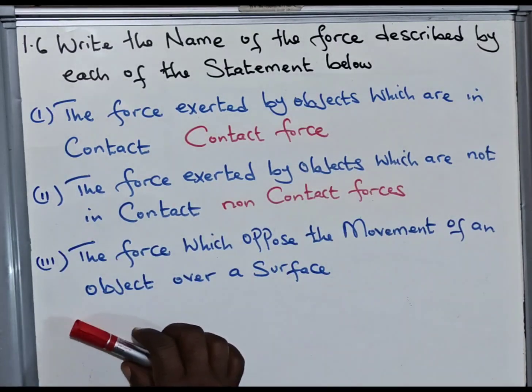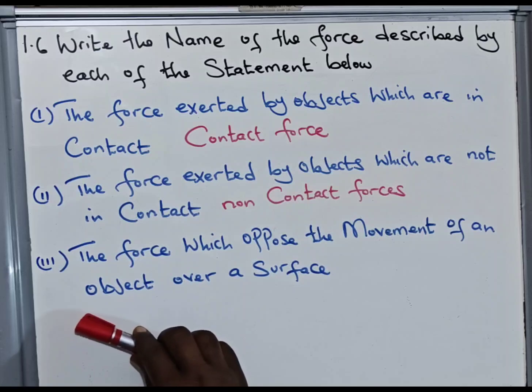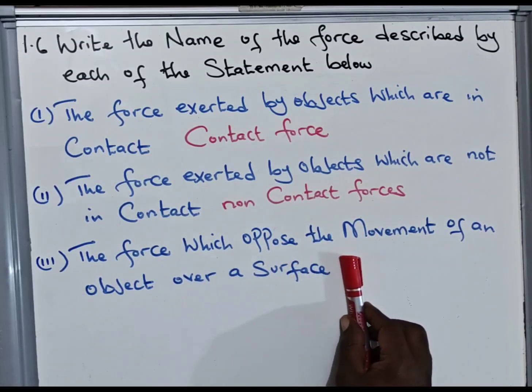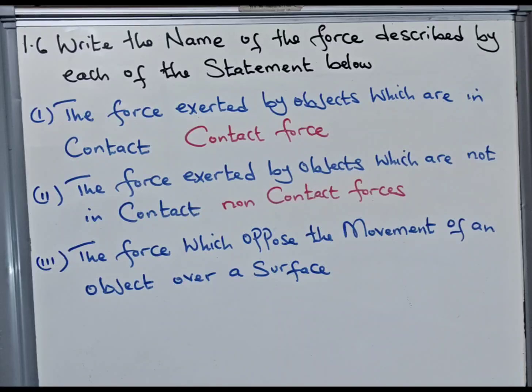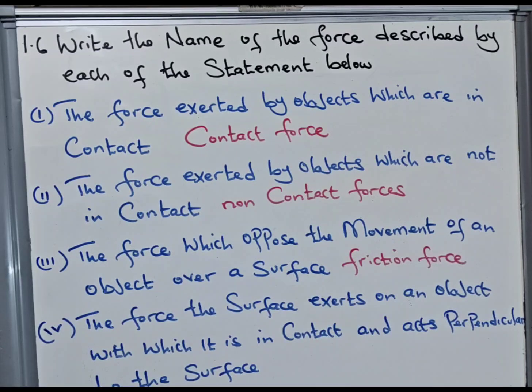Then we come to this one. It says the force which opposes the movement of an object on a surface. What do we call such force? We call it frictional force. Then we come to this one. The force the surface exerts on an object with which it is in contact and acts perpendicular to the surface.